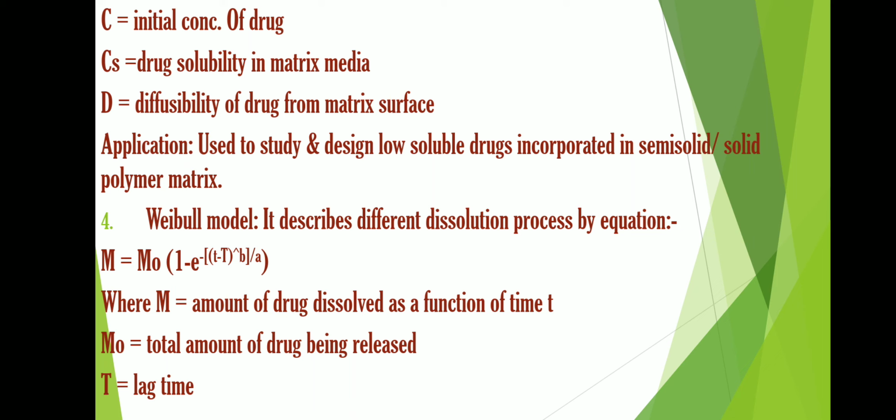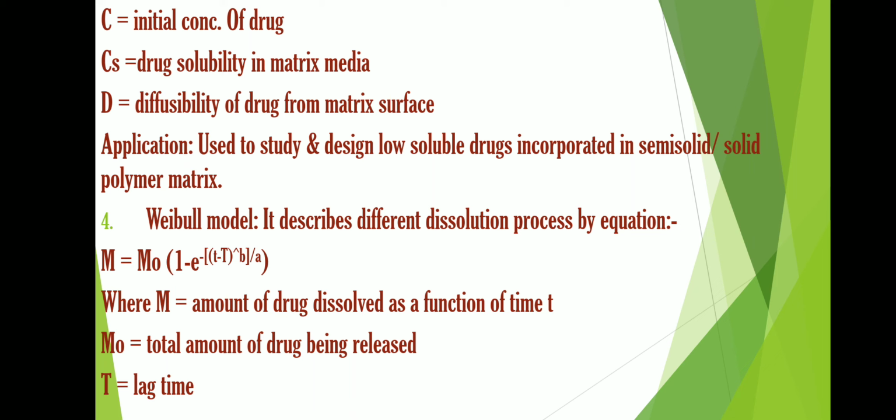So the amount of drug which is dissolving in the water will be able to come out of the polymer. If the drug has low solubility, it will come at a slow rate through the polymer when the polymer is swelling. And if the solubility is high, the drug can come out of the polymer at a fast rate.